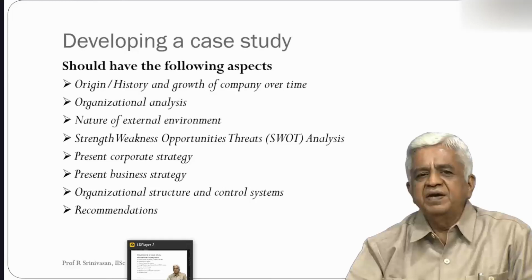Second, when it comes to a particular business unit, you also have to present the business strategy of that unit. It can be a consumer durable, it can be a perishable product, whatever it might be. It might be coming to the market through a business unit, and that business unit's strategy has to be delineated.